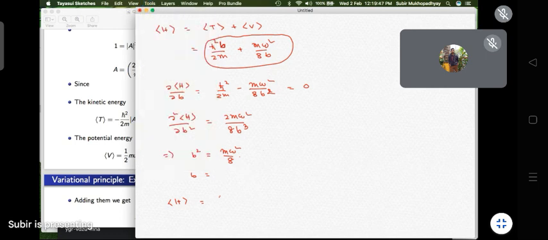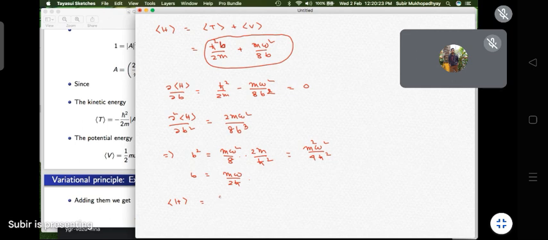Look at it. So b square is m omega square by 8 into 2m by h bar square. Now it's correct, right? That means it would be m square omega square by 4 h bar square. Is it correct now? Yes, sir. That means b equal to m omega by 2 h bar. Very good. Okay, now we'll put it here.